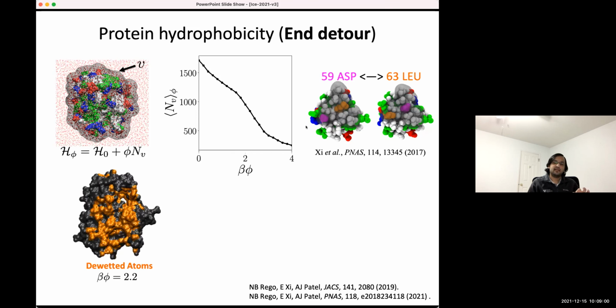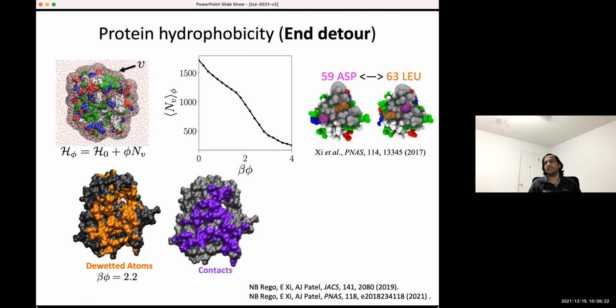And moreover, being able to identify the regions of the protein that dewet most readily and are therefore the most hydrophobic, it turns out that these most hydrophobic regions that dewet in response to an unfavorable potential can also teach us a lot about the regions of the protein that mediate their interaction. So this particular protein, it turns out, dimerizes through this particular interaction interface, and it forms a protein-protein interaction interface.